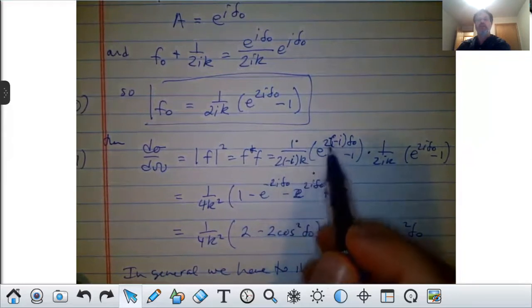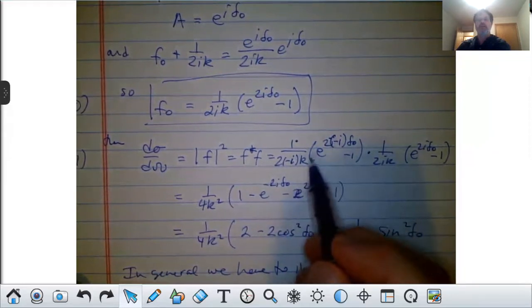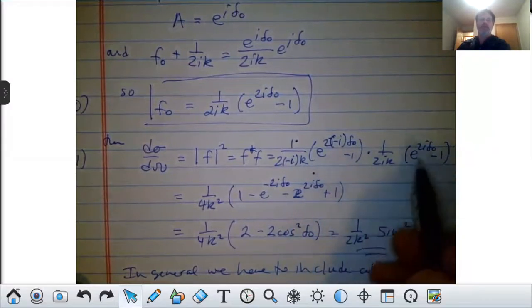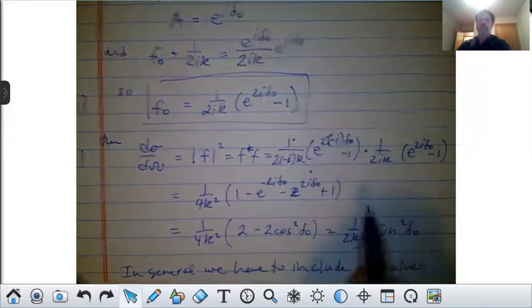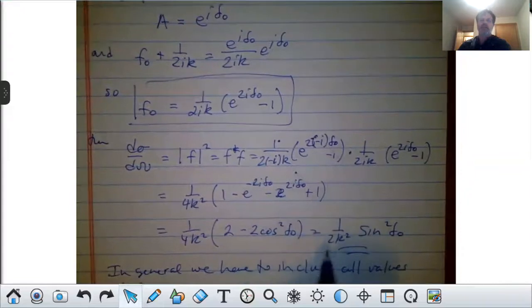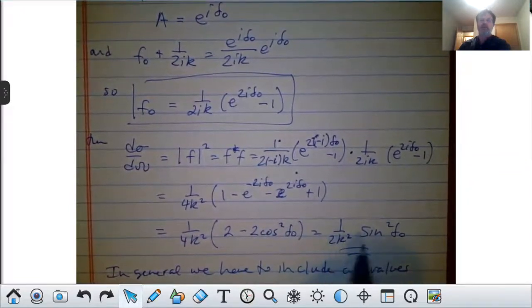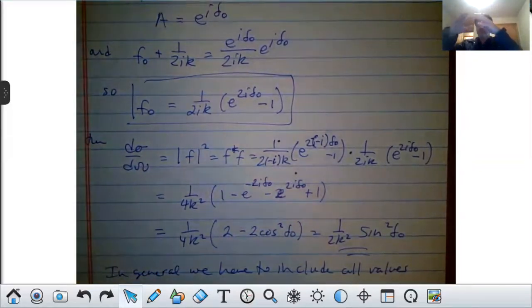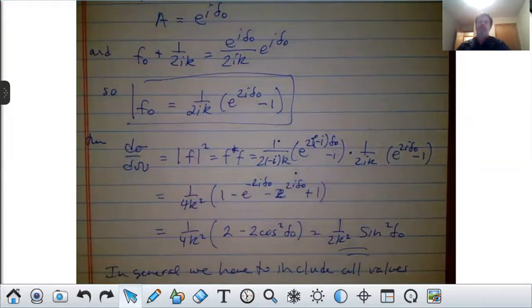The complex conjugate is just taking all the i's and making them negative, and then multiplying by the original F0. Doing a little bit of algebra, you get 1 over k squared sine squared delta 0. It's a constant. It doesn't depend on theta. It's what we call isotropic.